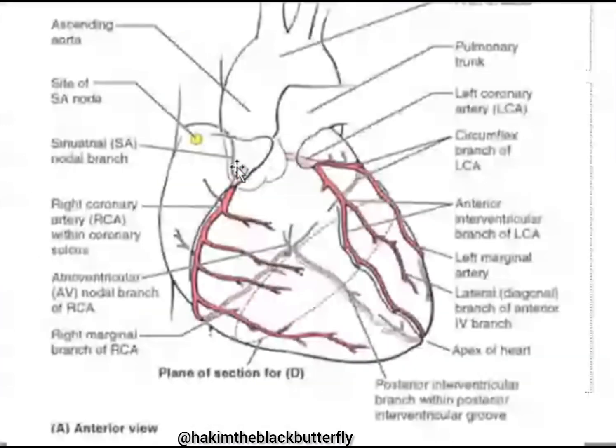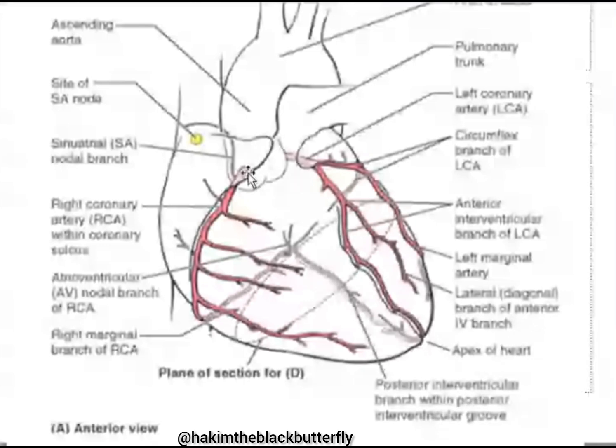Those points look minor, but they can be examined in multiple choice questions. The right coronary artery lies A, below the left auricle, B, below the right auricle, C, below the right atrium, and so on. So as the right coronary artery is originating from the aorta as one of its first branches, it is hidden below the right auricle.